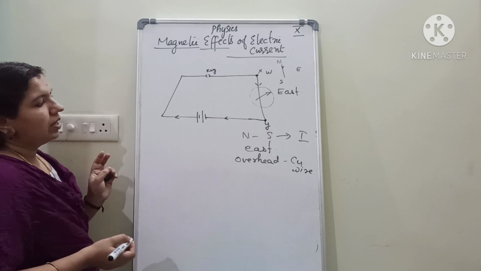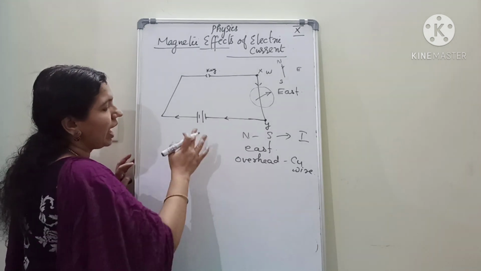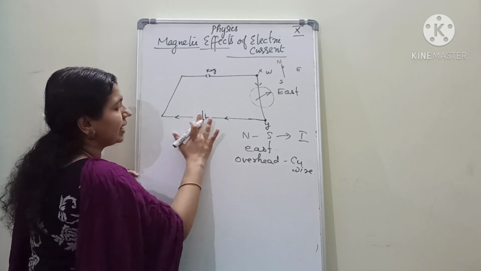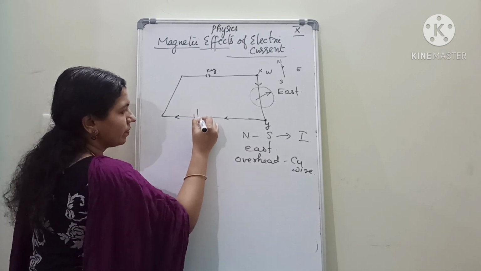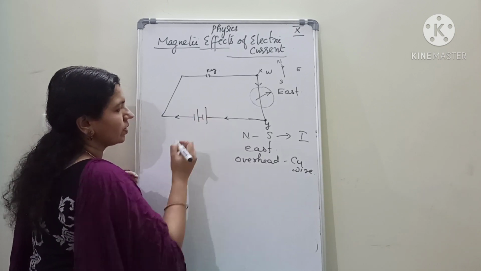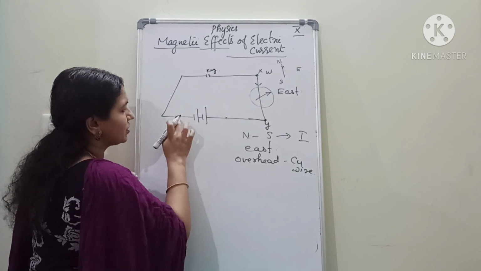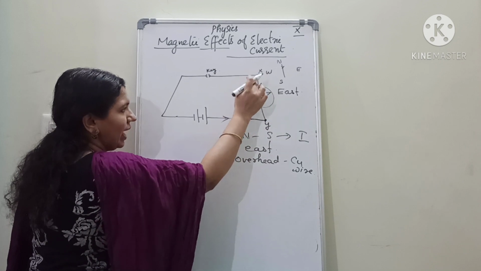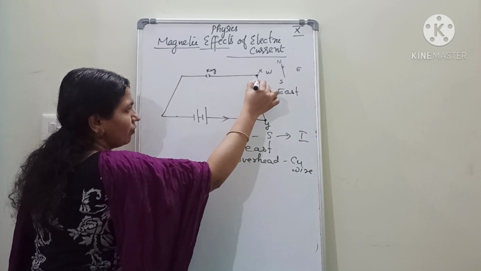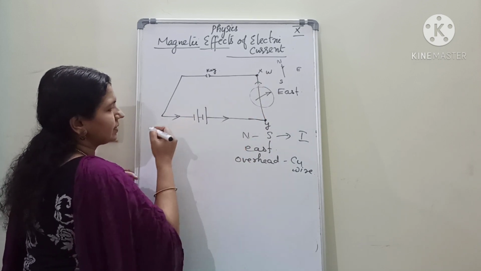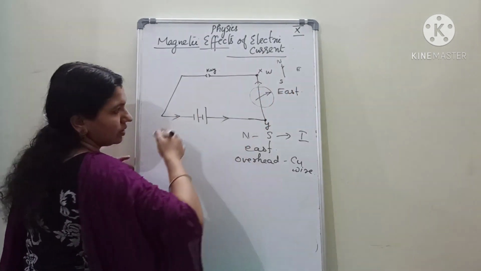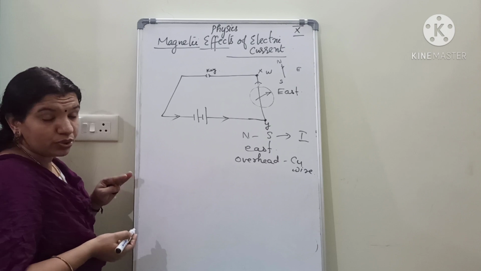Clear? In the second case, I reversed the direction. That is, I connected the battery like this. So what will happen to the direction of electric current? It will flow from Y to X, that is, from south to north.